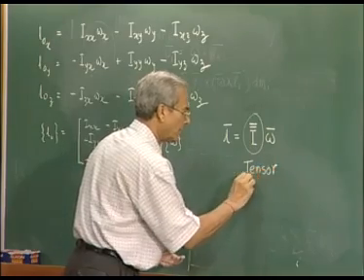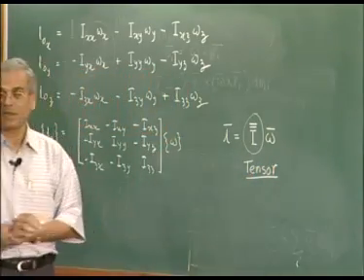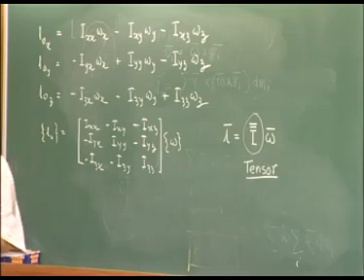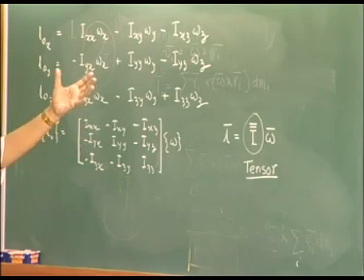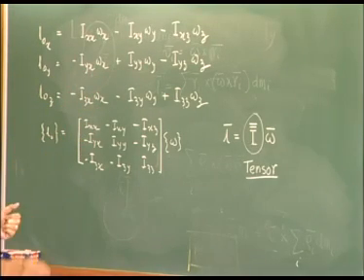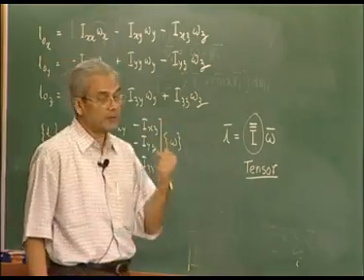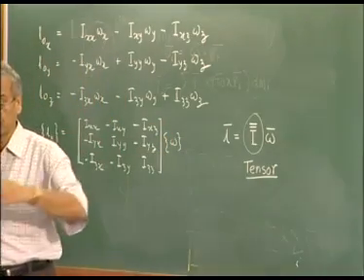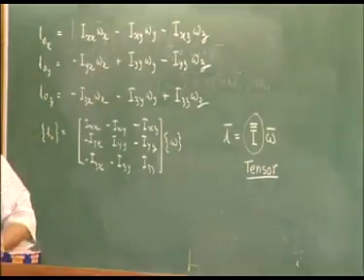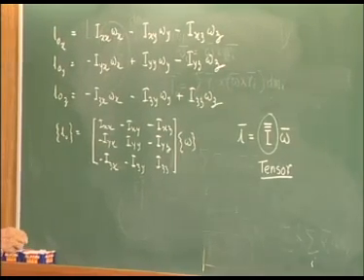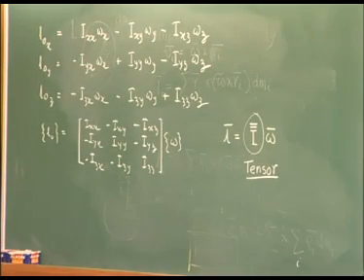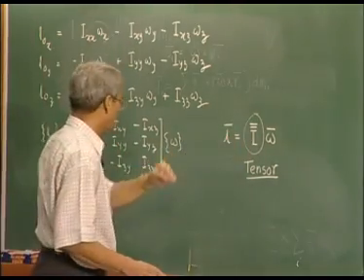We need not bother much about the tensor, except for knowing that this inertial property of a rigid body needs to be defined by a tensor. It cannot be defined by a scalar, as in case of a particle or planar rotation of rigid bodies, nor can it be represented by a vector, something higher than that, and that is why we call it the tensor.